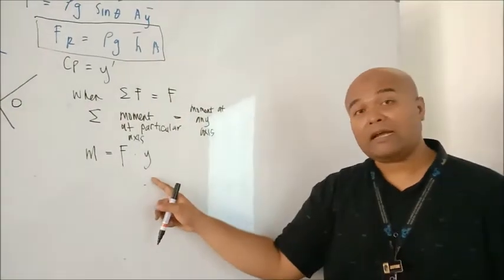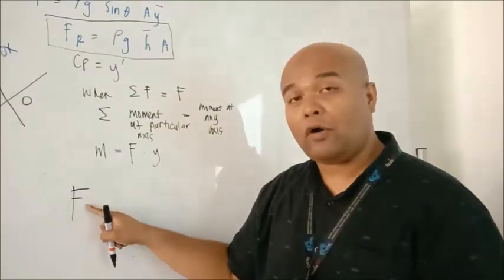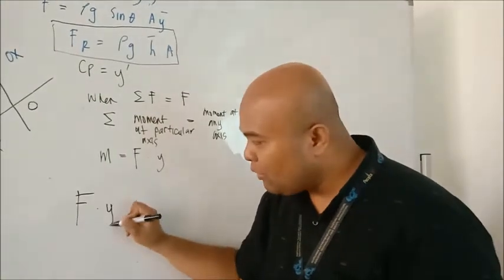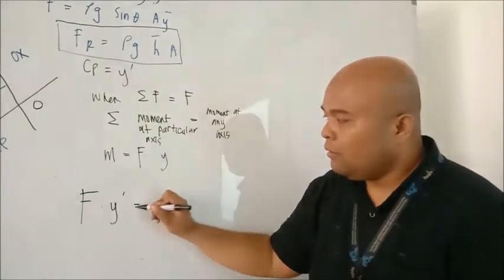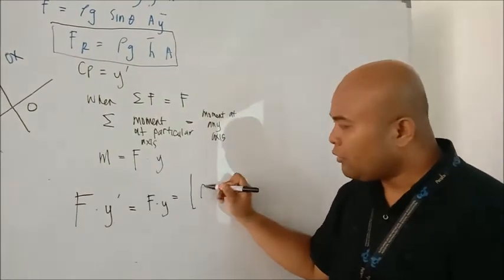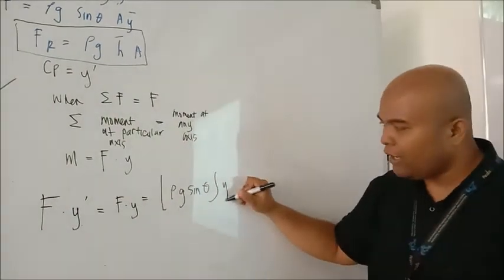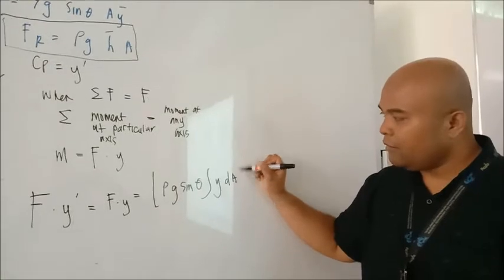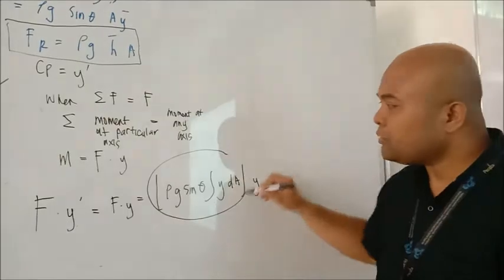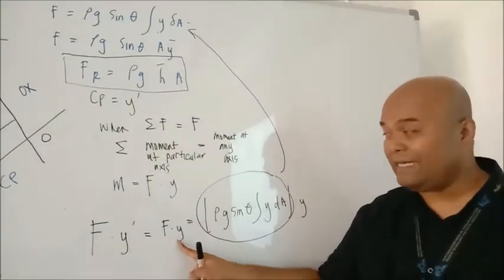Okay, by having this kind of understanding, when the hydrostatic force F, as we determined just now, is multiplied with the y prime, we get F times y prime equals rho g sin theta, integration of y delta A, times y. Okay, this comes from here. And then this is multiplied with the y, the distance.